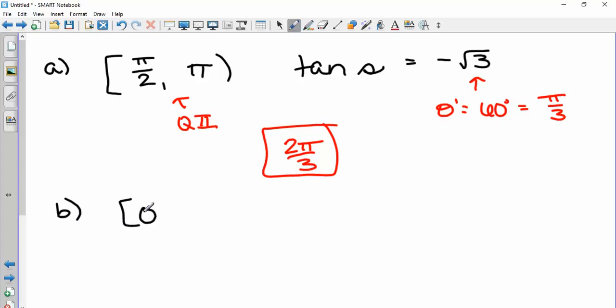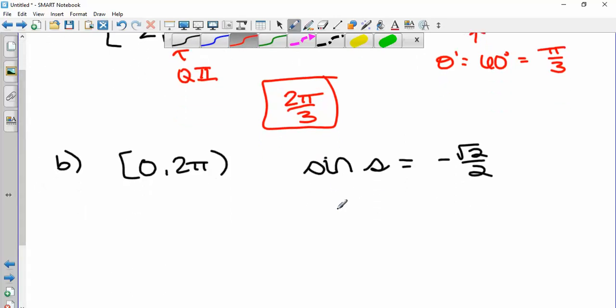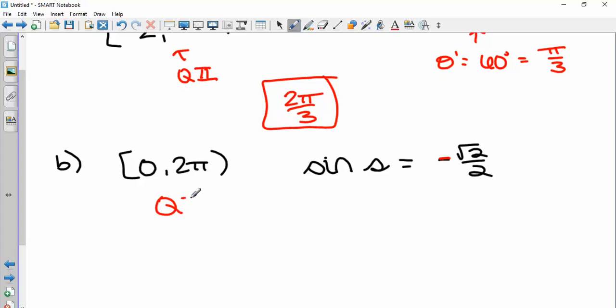Yes. Let's say I asked you for everything between 0 and 2 pi, where sine of s is equal to negative radical 2 over 2. When I say 0 to 2 pi, that's talking about every quadrant. But sine is negative. And what quadrants is sine negative?